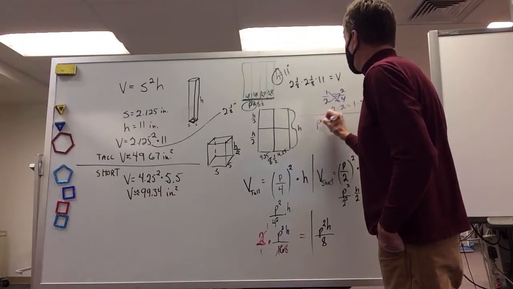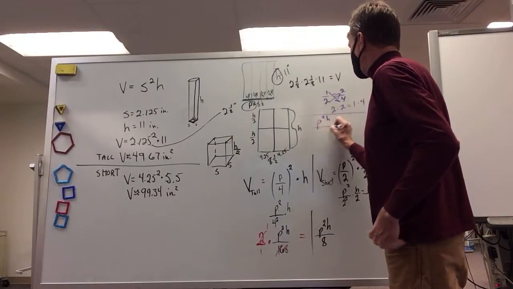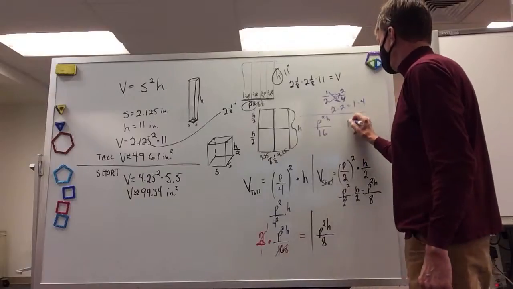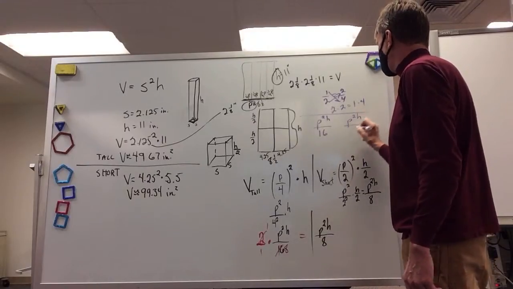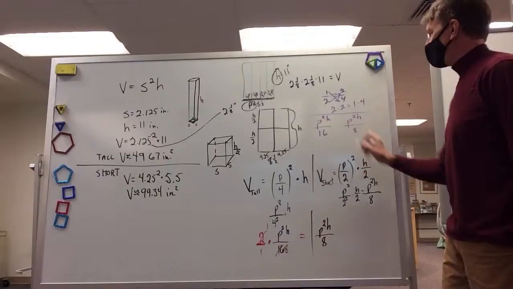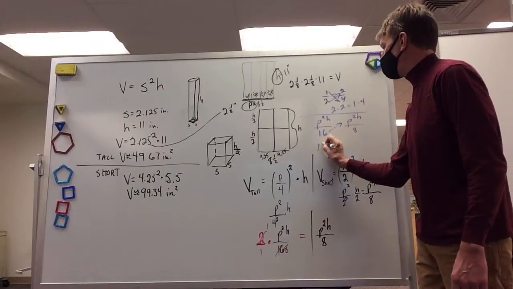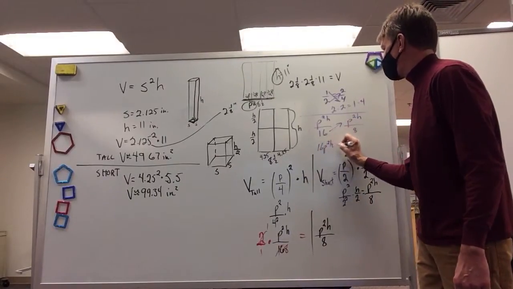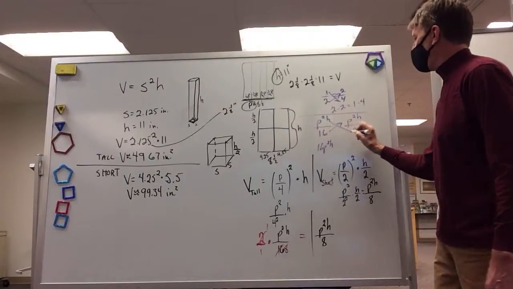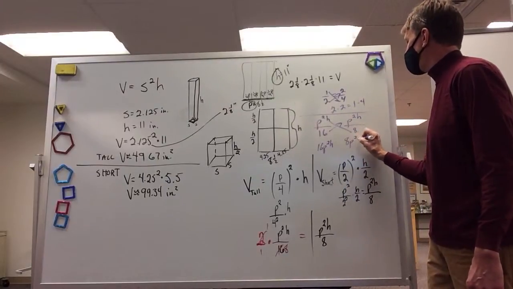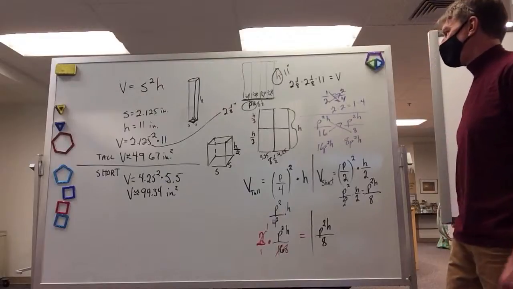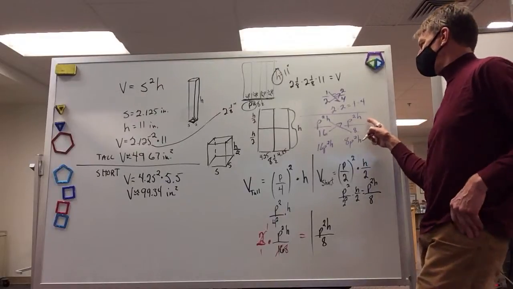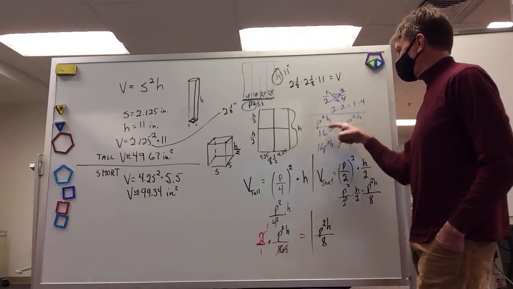We've got P squared H over 16, and then we've got P squared H over 8. So if I multiply, I got 16 P squared H, and then on this side, I have 8 P squared H. So what I did is just cross multiplied.